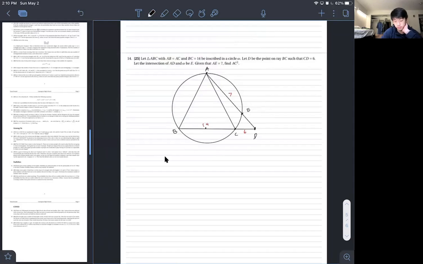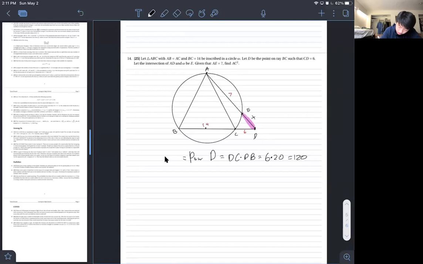The problem is very clearly trying to get us to use power of a point. The power of D along this line is DC times DB, which will equal 6 times 20, which is 120.